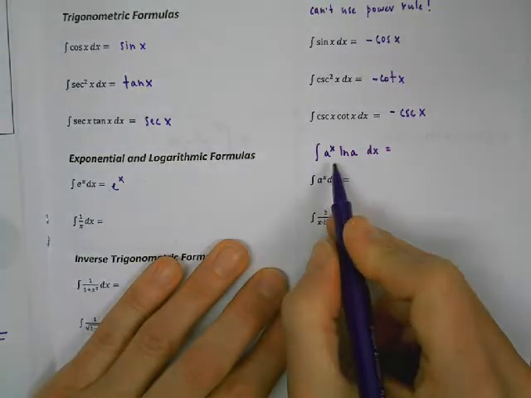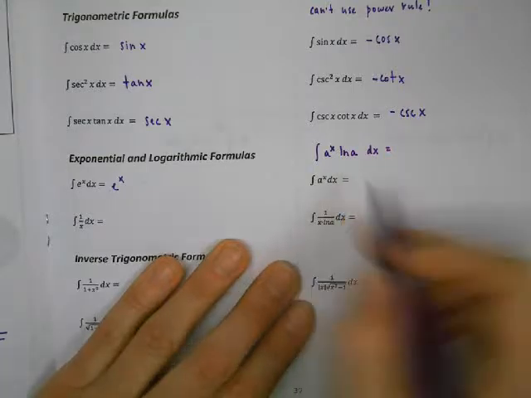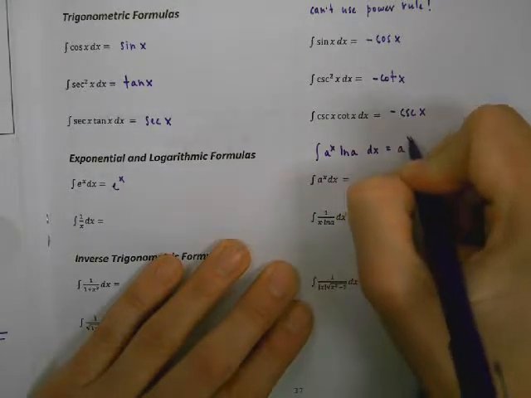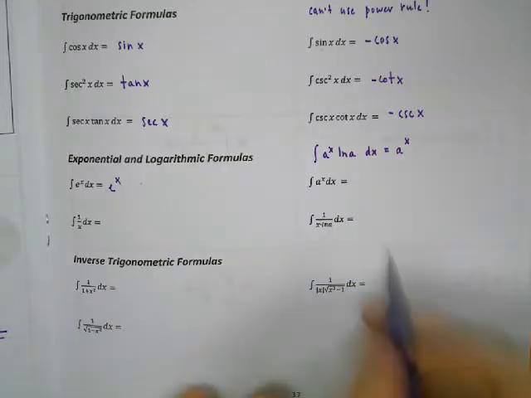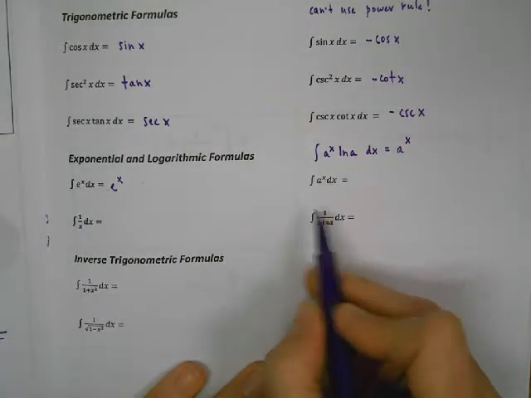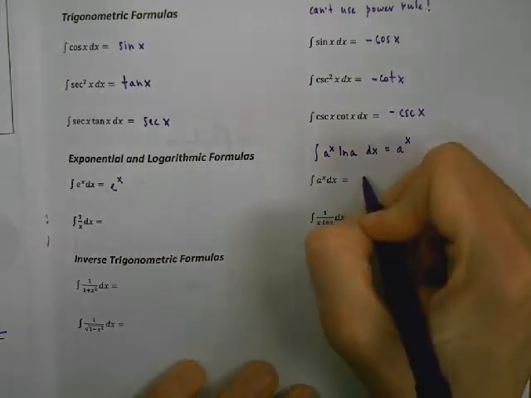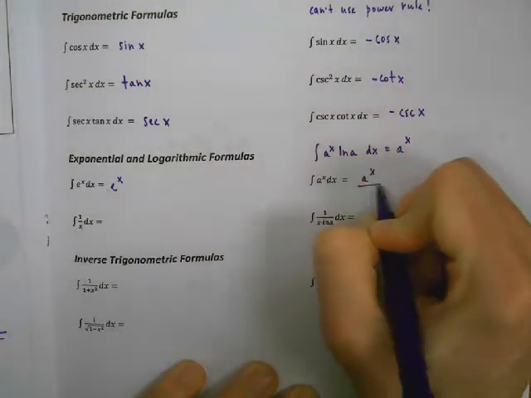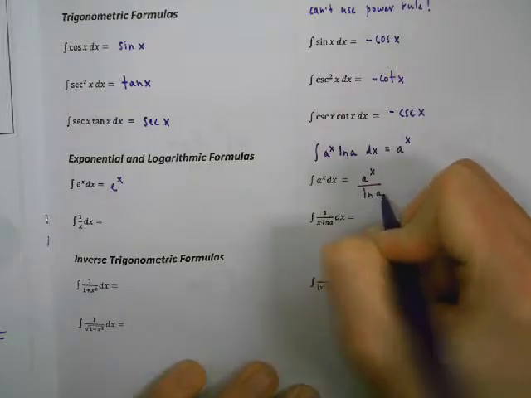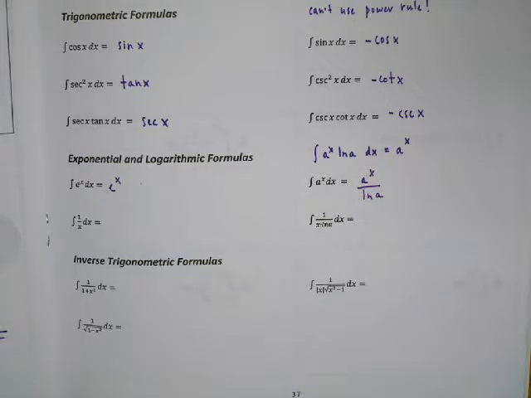I know the antiderivative of a to the x times the natural log of a is just a to the x. However, here, I'm missing that natural log of a. So my antiderivative is going to be a to the x divided by that constant natural log of a.